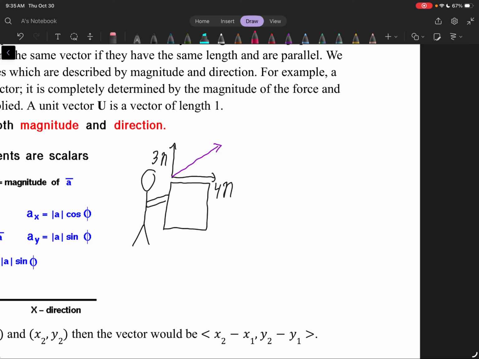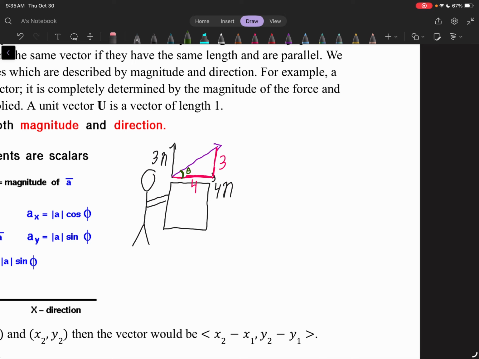So here is the resulting right triangle that allows me to find my magnitude and my direction. The x value is 4, my y value is 3. The direction angle is going to be here, because that's how I'm pushing the box.